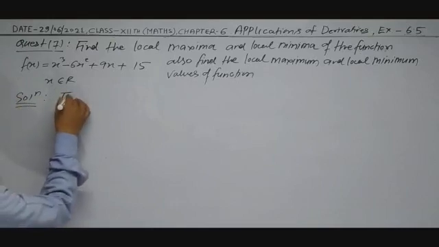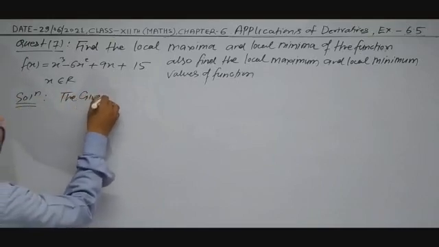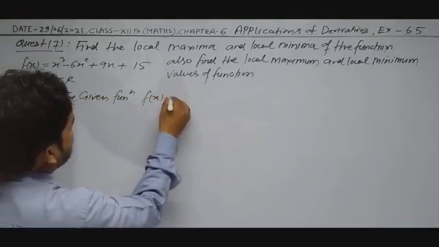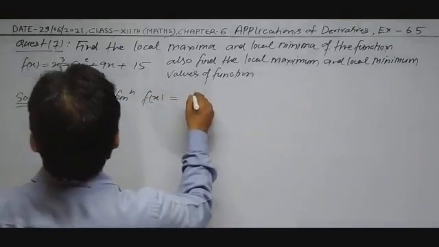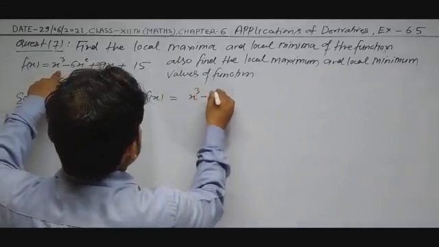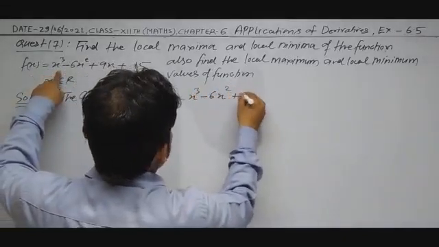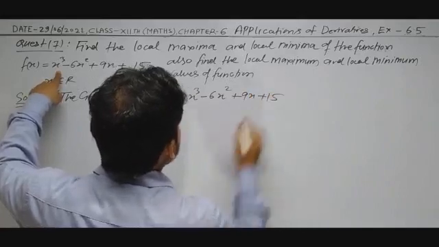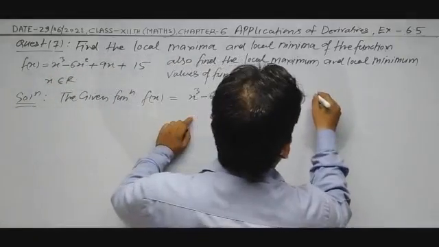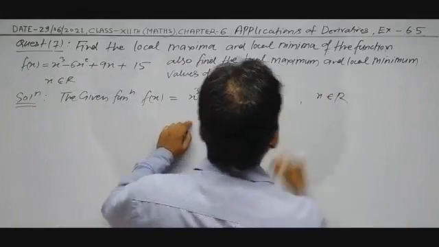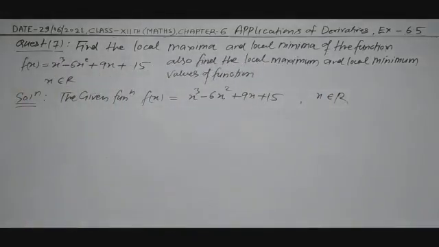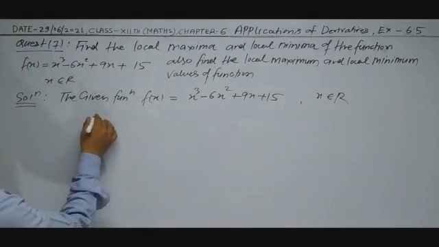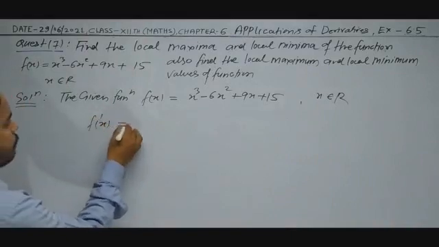Solution, the given function f(x) is equal to x cube minus 6x square plus 9x plus 15 such that x belongs to real. So differentiate the function, you will get the f dash x result.